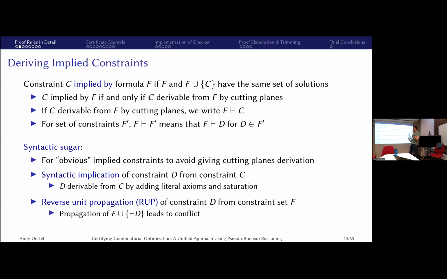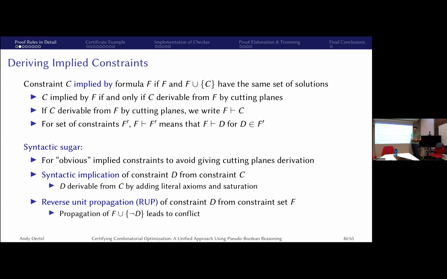If this gives us a contradiction, then we know that the constraint D is implied. Assume the negation, and if it's a conflict, then it's implied. So this is about implied constraints.